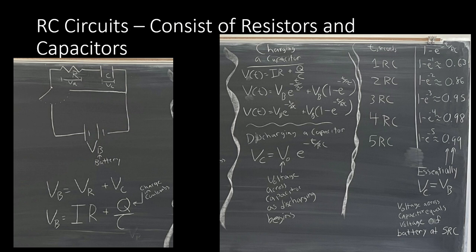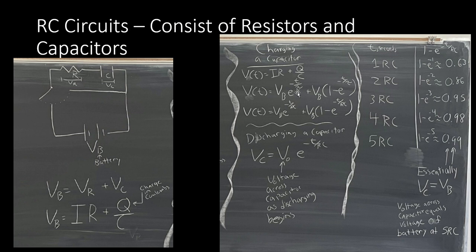Some other introductory information is that as voltage varies with time, it equals IR plus Q over C. Another way to show that equation, if we're charging a capacitor, letting it build up charge, is that it would be equal to the battery supply times e raised to negative t divided by tau, t being how long we've been allowing our capacitor to charge, plus the battery supply times the quantity 1 minus e raised to negative t over tau.